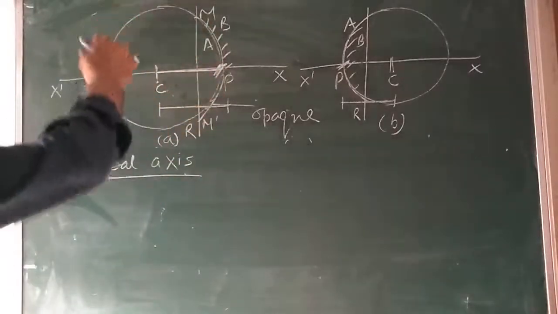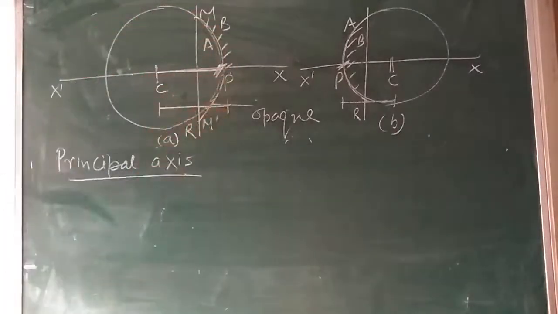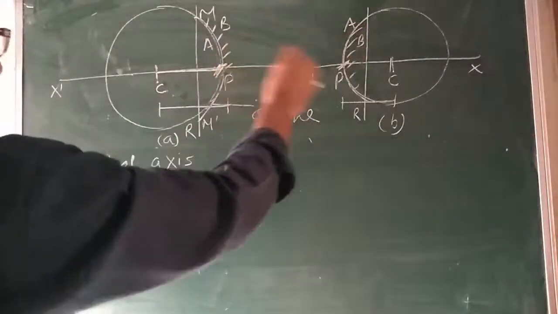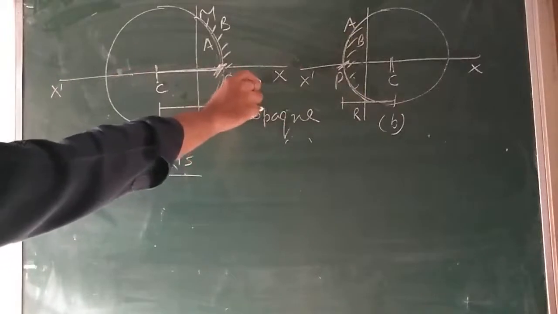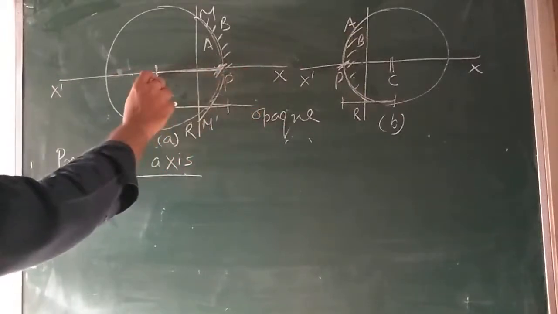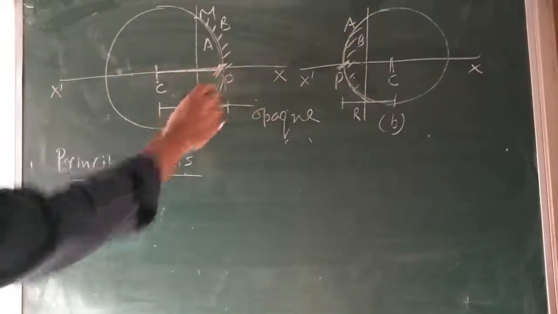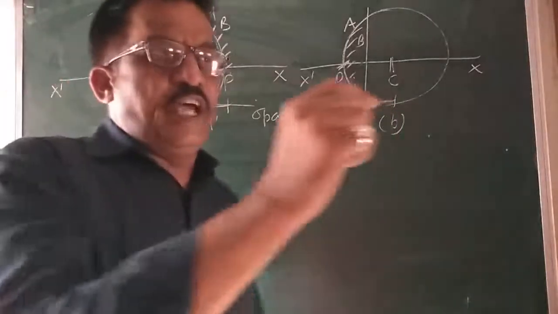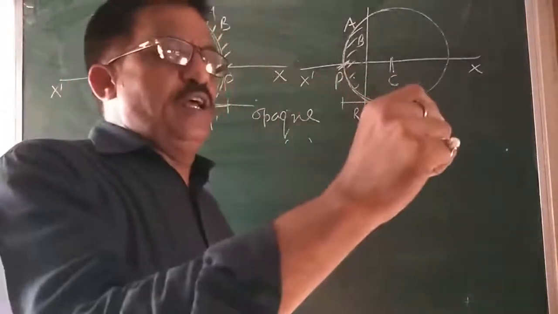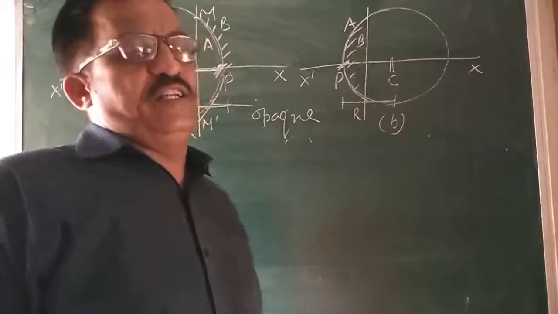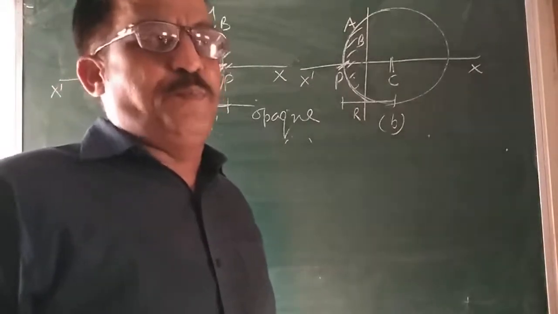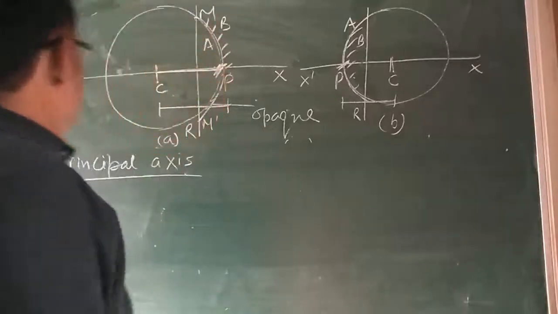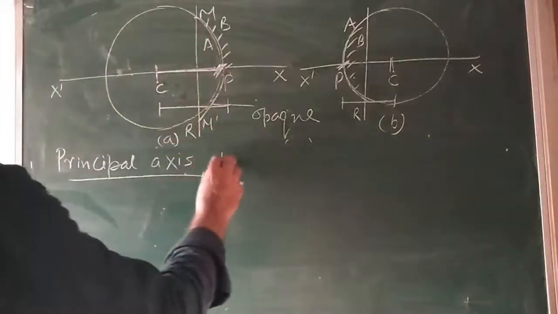The principal axis of this concave mirror or convex mirror, for both mirrors here, is a straight line passing through the center of curvature and pole P. The line which is passing through the pole and center of curvature is called principal axis.